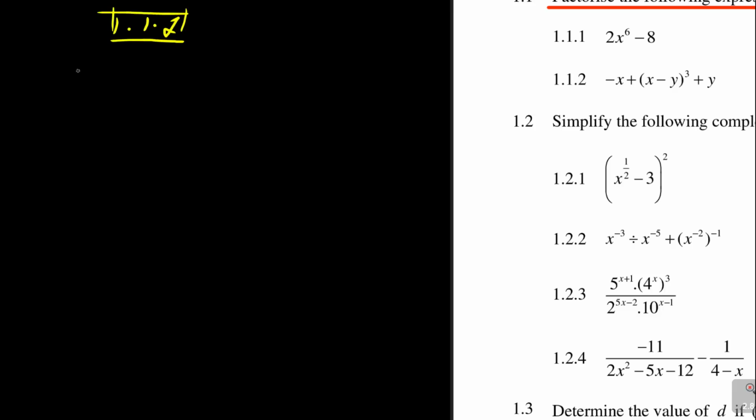Alright, so what do we have? We have got minus x, alright, and then we've got that one to say x minus y to the power of 3 plus y. Okay, so now again, when I look at this, I think these need to be combined.